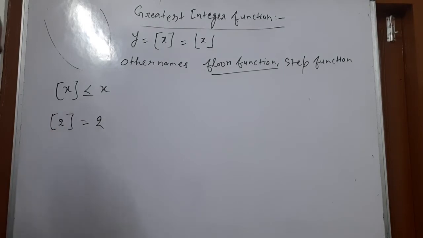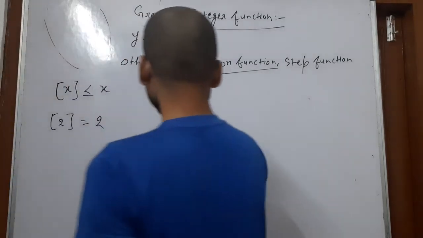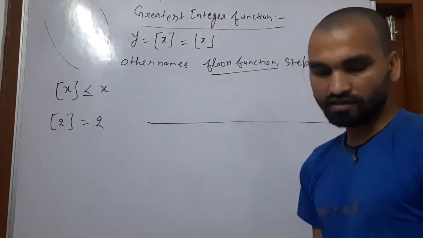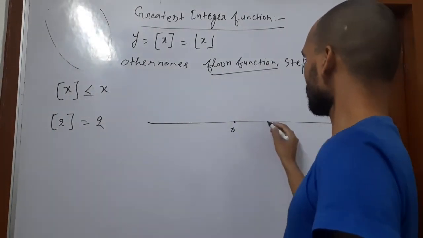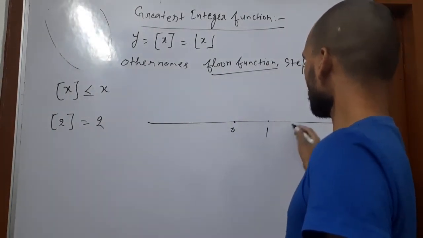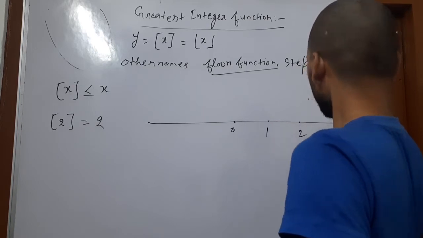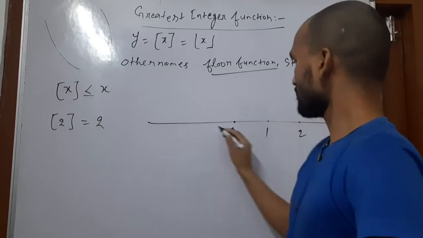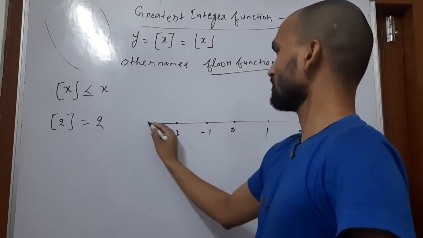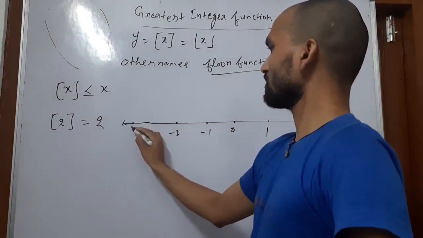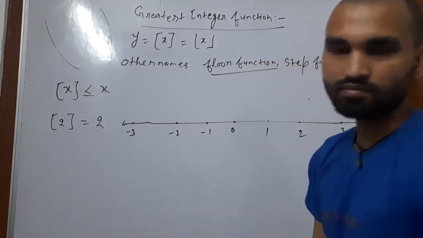Okay, we should draw a number line here for clear discussion. It is 0, 1, 2, 3, negative 1, negative 2, negative 3.